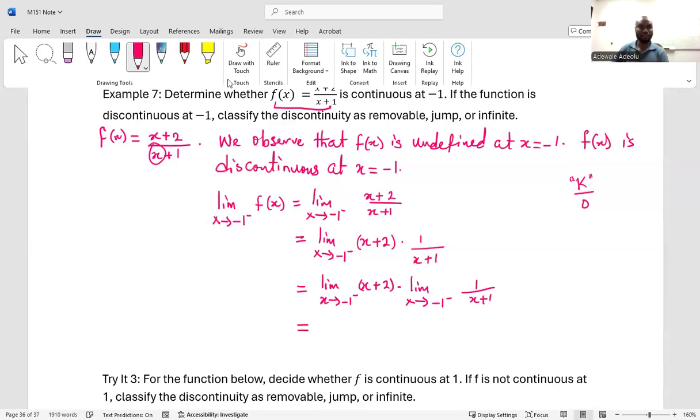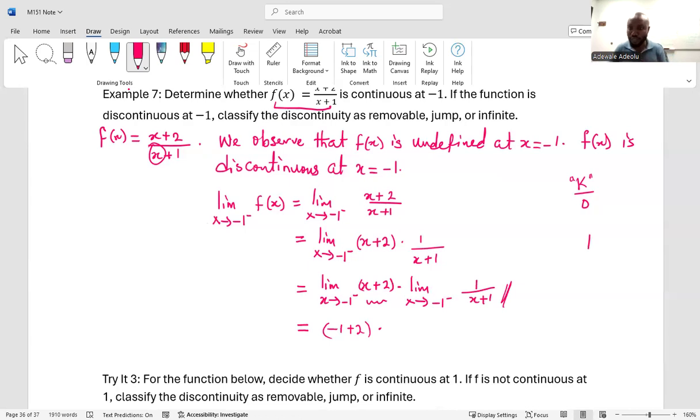So let us take the limits. Since this part is a polynomial, if we throw in that value, we have -1 plus 2 times. Now, this part that is making the denominator to be 0, we are not actually going to substitute there. We are going to visually or mentally think about it.